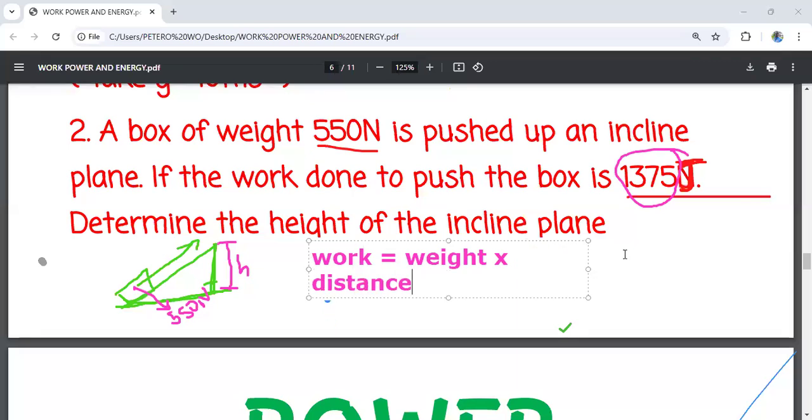According to our question, the work done is 1,375, so it's equal to the weight, which is 550, times the distance, which we don't know. But from this diagram that we have drawn here, let us keep it as h.